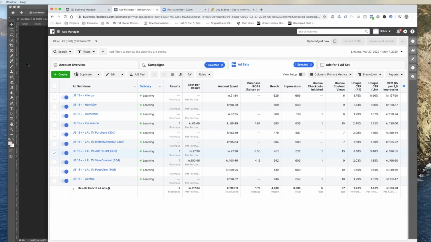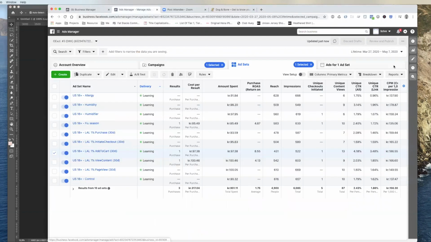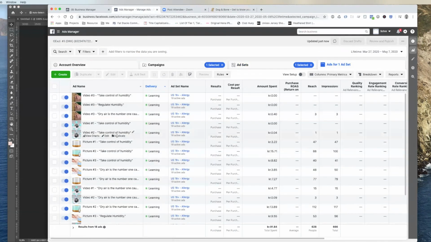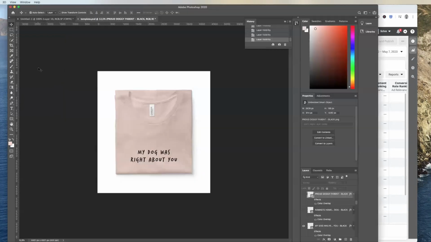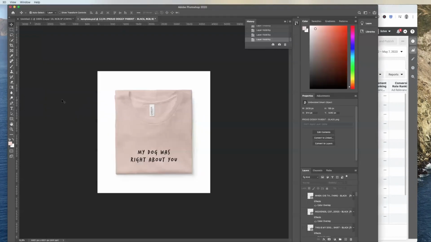The only issue we're really stuck on is, in terms of creative, with one product it's fairly easy, and I've already found that. We'll do a video, we'll do pictures, and we'll do different ad copies. But we have about 20 different designs here. We have some lifestyle photos, and I can also mock up some styles like these.